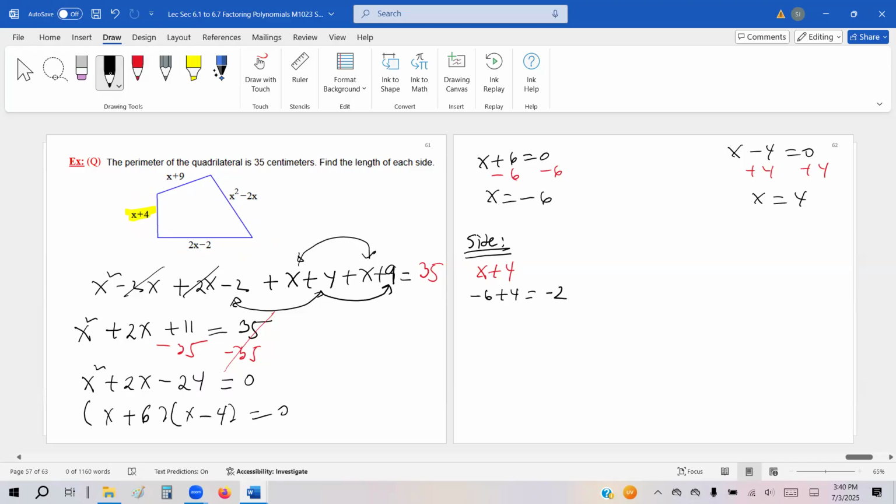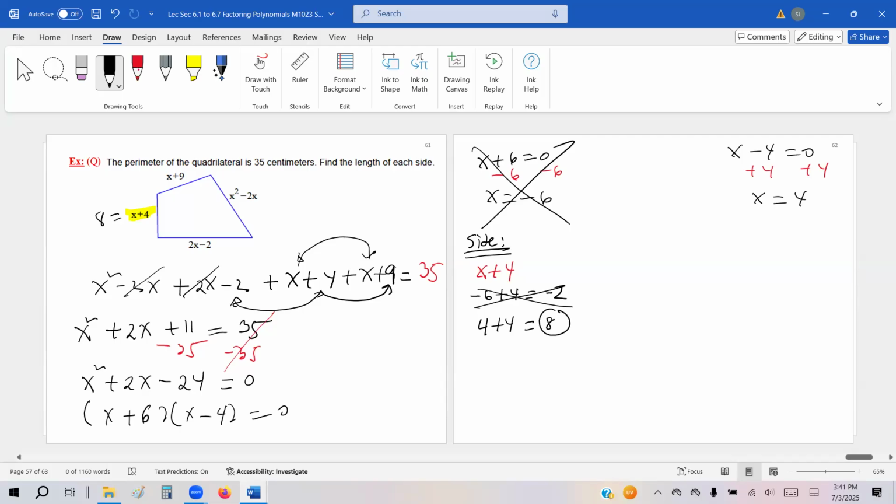Can you have a side length with a negative sign? So we wasted our time. It's not possible. But how about 4? When x is 4, this side becomes 8. So this is 8.